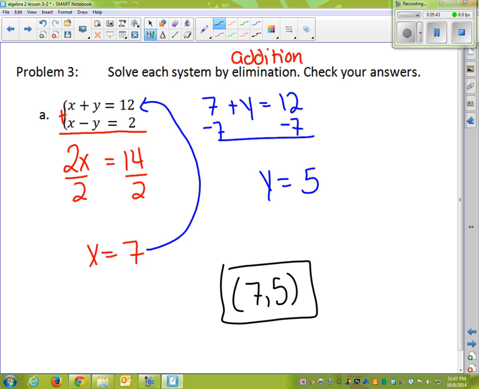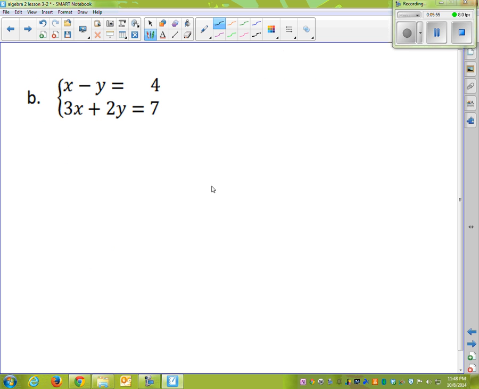So elimination's nice for those times that you don't know what x is equal to or y is equal to. So let's try it again. We'll make it just a little bit harder.